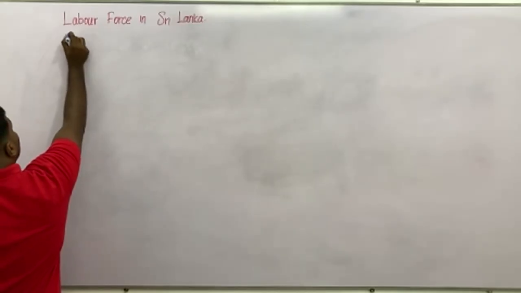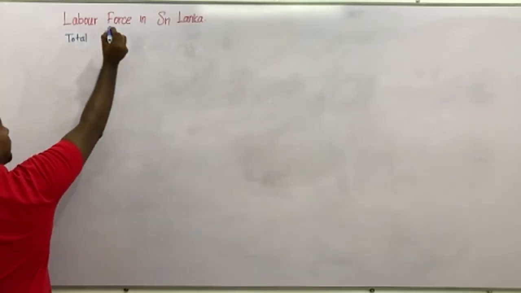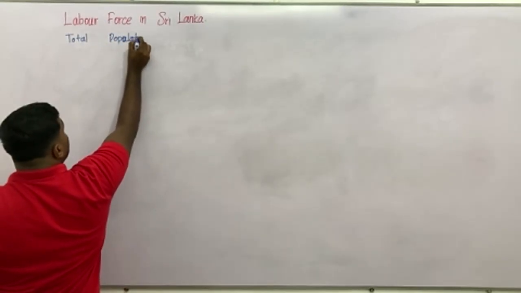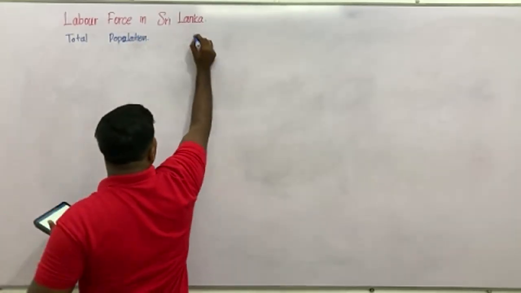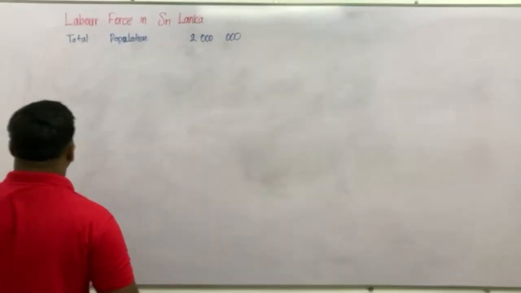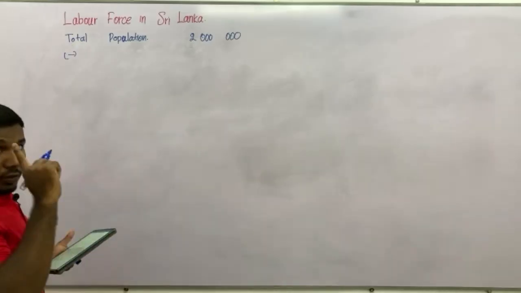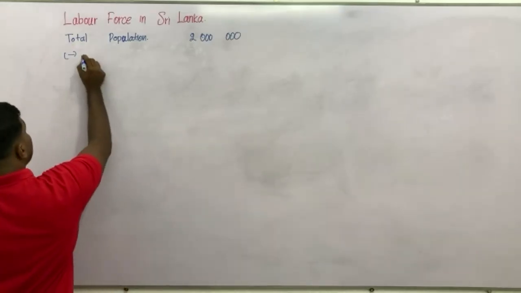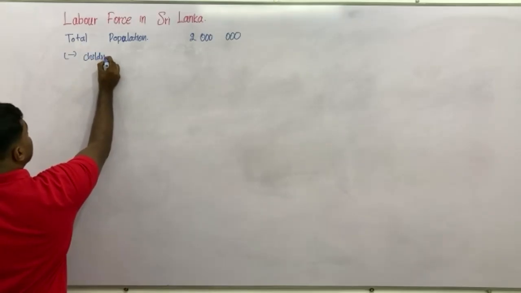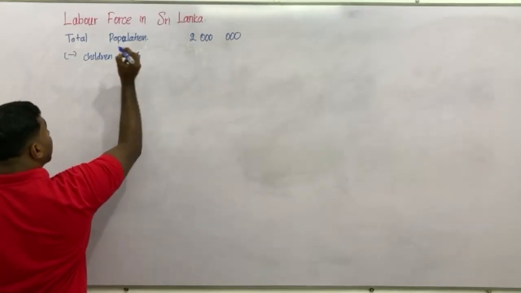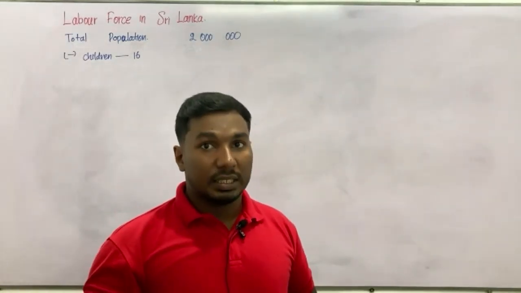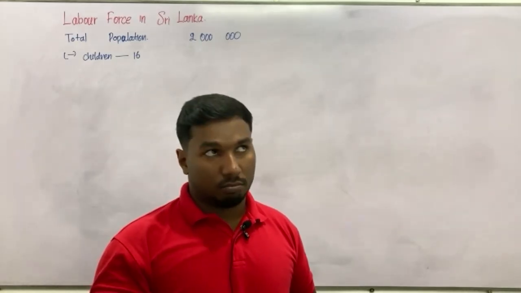In the total population, imagine the total population of Sri Lanka is 2 million. In the total population, first we have to remove the children who are under the age of 16. 16 means until the O levels, right?